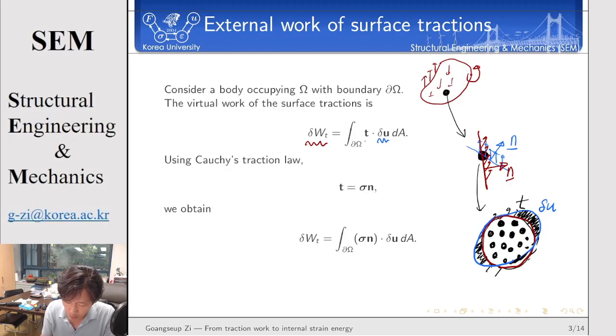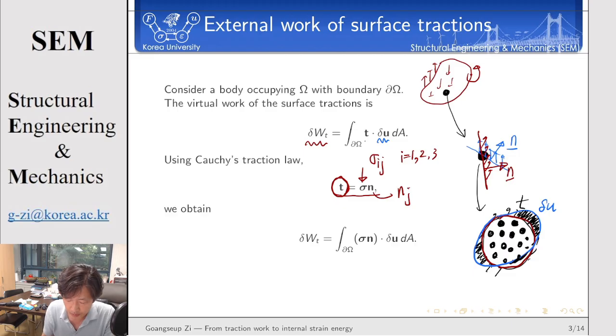So let's consider Cauchy's definition. The traction can be represented by the stress state tensor sigma. Make sure that here sigma is a two-dimensional matrix, sigma_ij. In the case of a three-dimensional problem, i is from 1 to 3. And n is the normal.